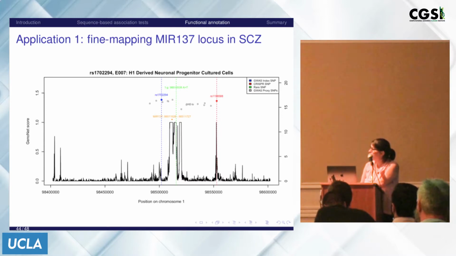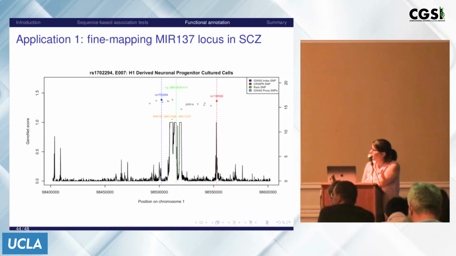And then there are a bunch of SNPs shown in gray here that have similar p-values. The p-value is shown here on the y-axis. So these are all highly correlated with the blue SNP. And then the red SNP is the one where they've done functional CRISPR validation. Okay? And so what's shown on the first y-axis is a GenoNet score in these H1-derived neuronal progenitor culture cells.